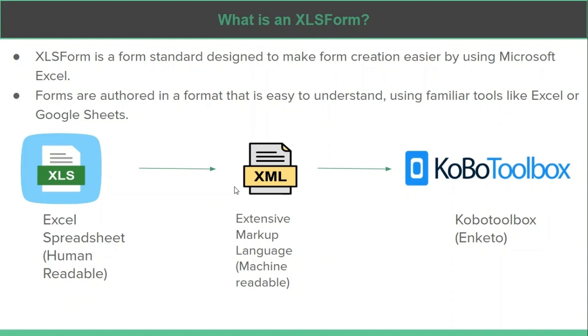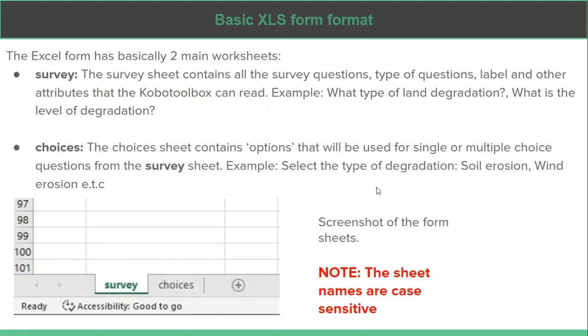Let's see him as a middle guy that takes the Excel spreadsheet and converts it to a machine readable format. And then it's sent to the Kobo Toolbox using Enketo. So you have this form from stage one, a human readable form. It comes into the Extensible Markup Language, which is then converted to a machine understandable format, and which is then fed to the Kobo Toolbox. Very easy.